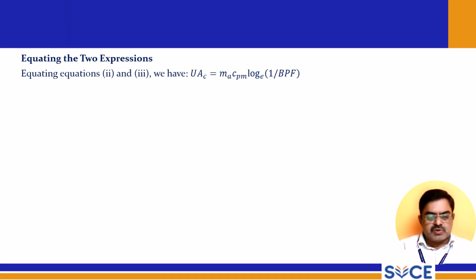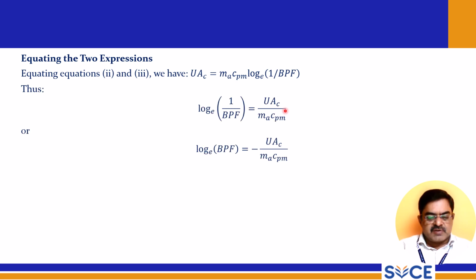So equating these two equations, UAC is equal to Ma CPM logarithm of 1 by BPF, and we have the small derivation here.